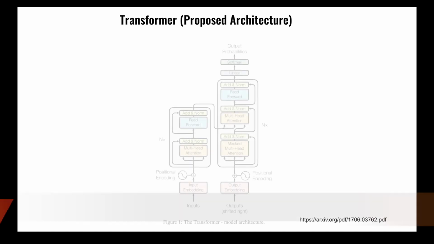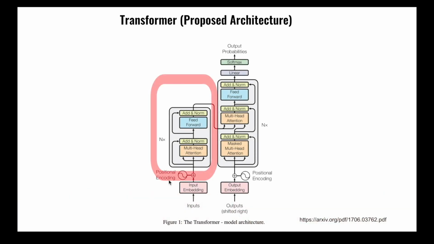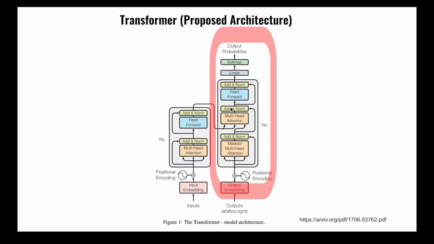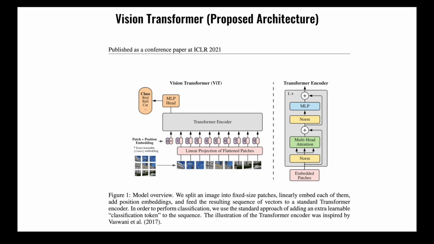So here is the proposed architecture for the transformer. This part of the transformer is the encoder, and that part of the transformer is the decoder. Here is the vision transformer, which is proposed by Google.